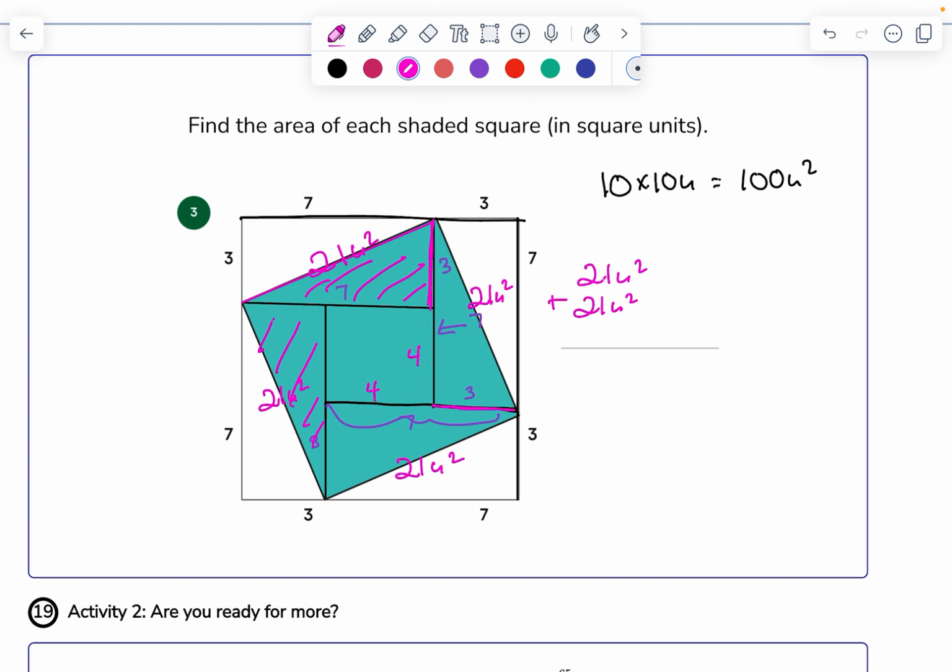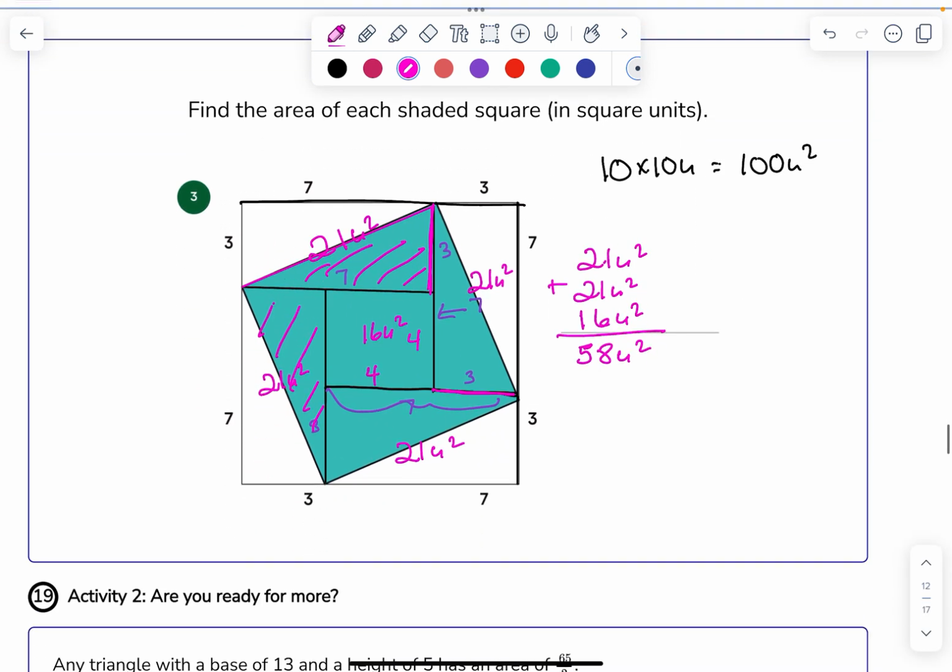Here's a 3, leaving us with a 4. So that must be 16 units squared. When we add this up, 42 plus 16 is 58 units squared.